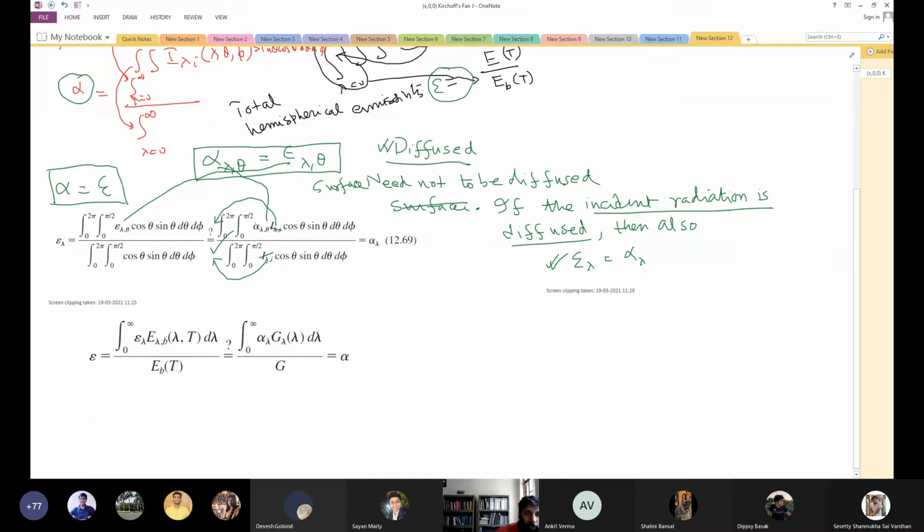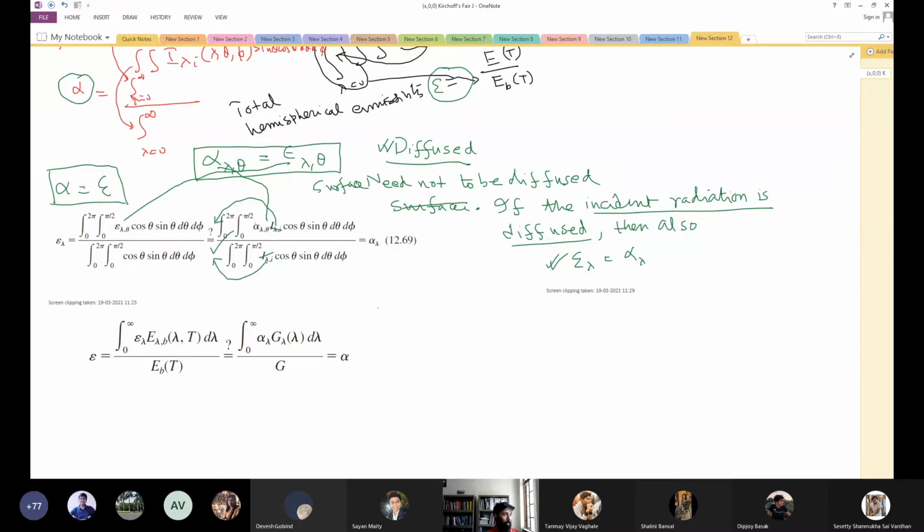Under what conditions can this equality exist? What is the easiest condition? Alpha lambda and epsilon lambda are independent of lambda. Exactly, that's the easiest one.